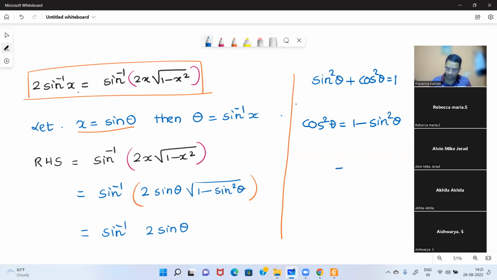So what is root of 1 minus sine square theta? Root of cos square theta. What is root of cos square theta? Cos theta. Exactly. Understood? Yes, sir.